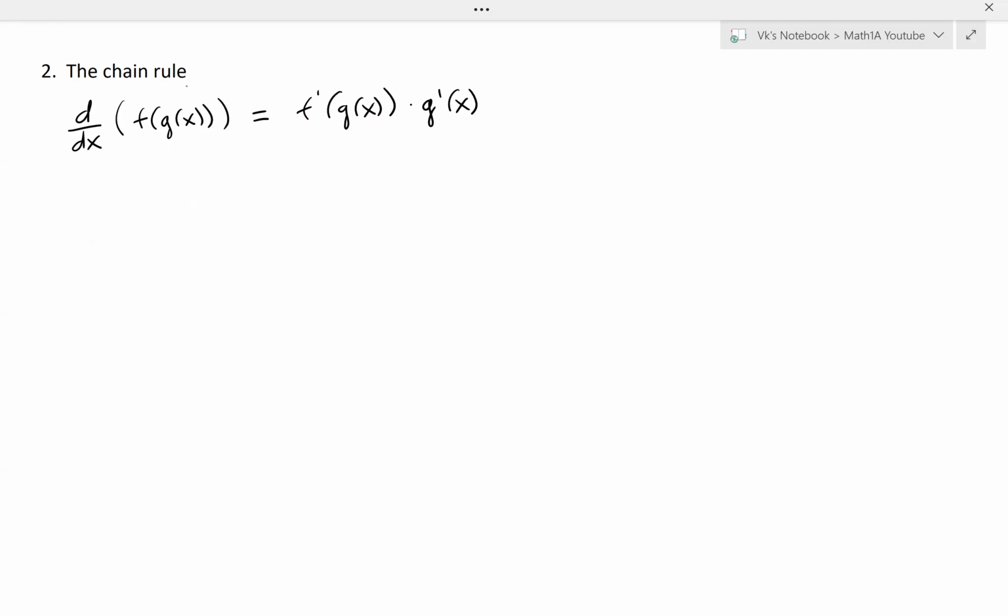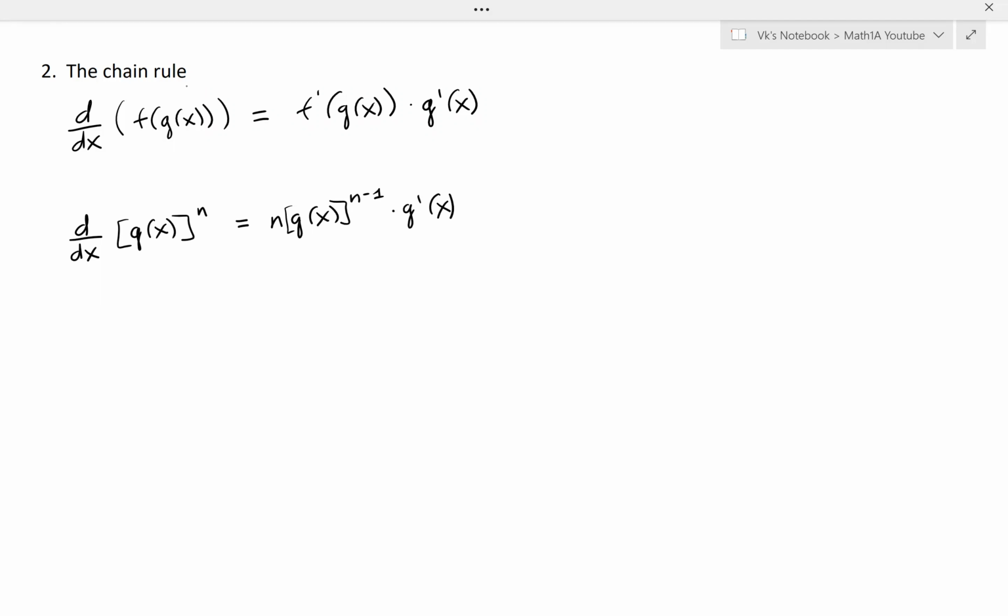First example, we have the derivative with respect to x of a function g of x to some power n. This is n times g of x to the n minus 1 multiplied by g prime of x.